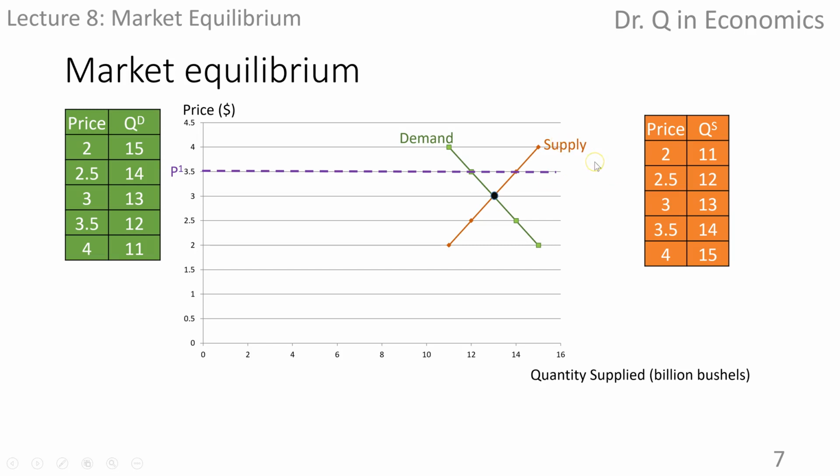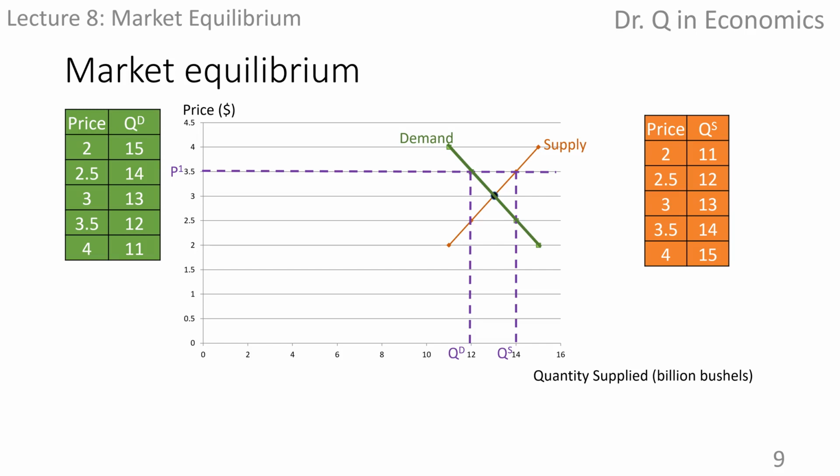At this price, we can find the amount the suppliers want to sell on the supply curve, 14 billion bushels, and the quantity consumers are willing and able to afford can be found on the demand curve, 12 billion bushels.